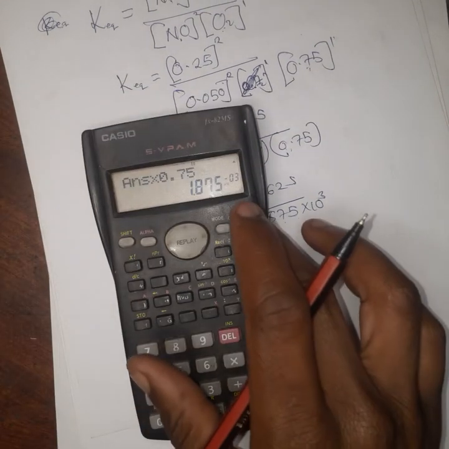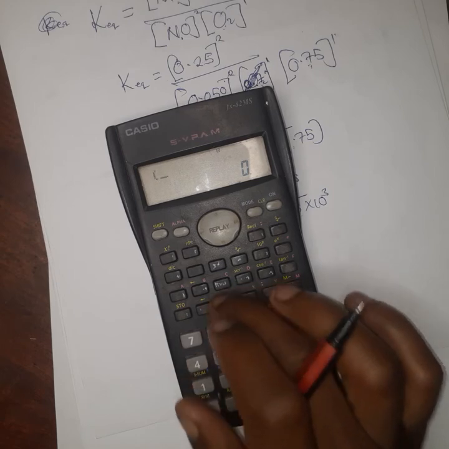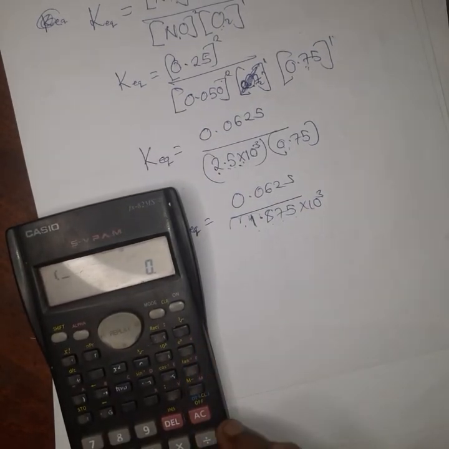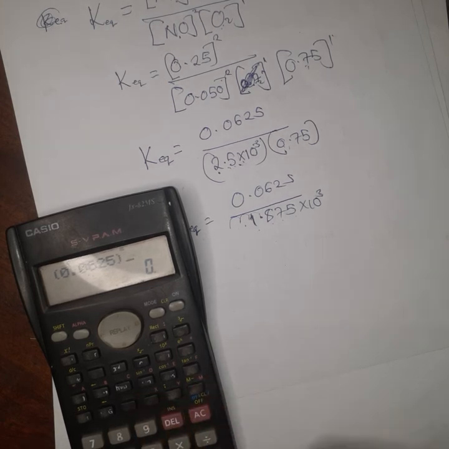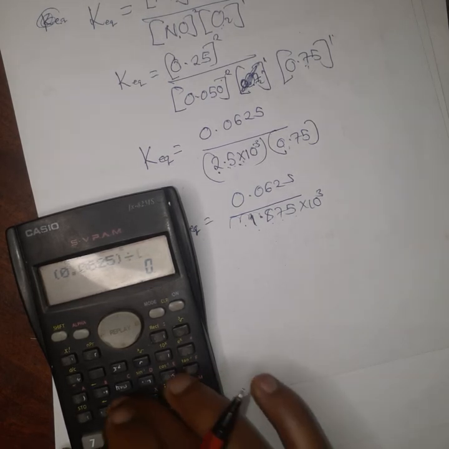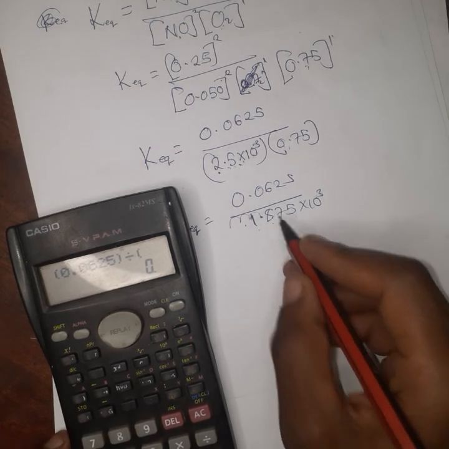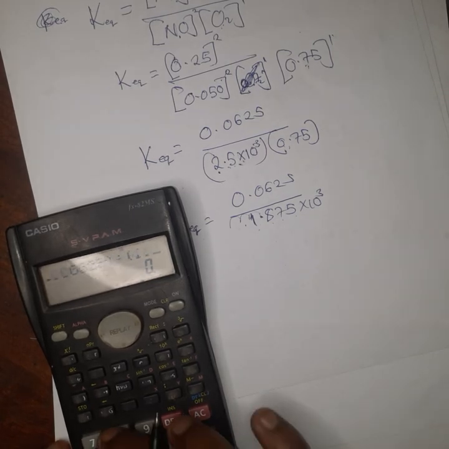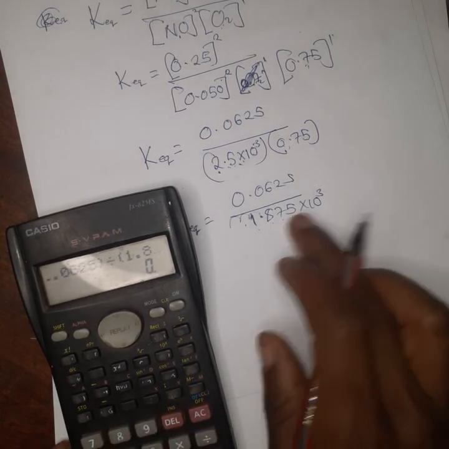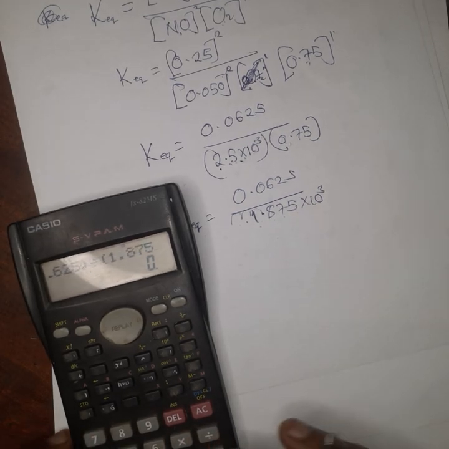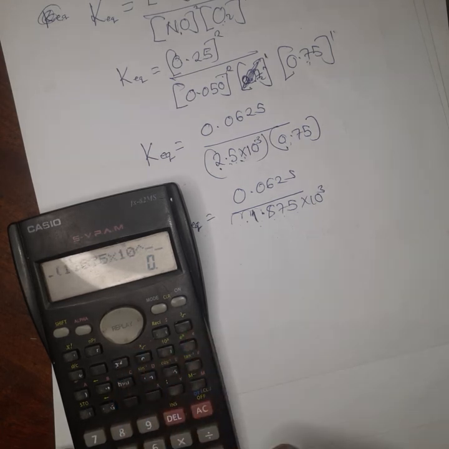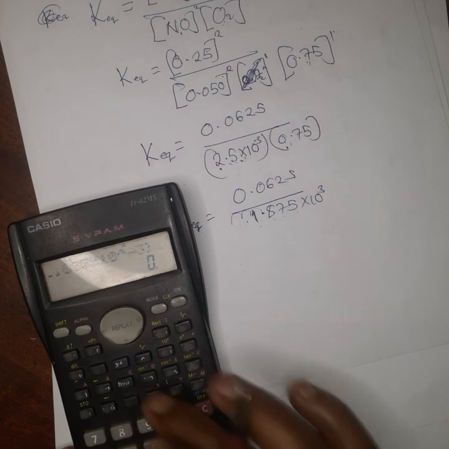So you say open the brackets, then you write 0.0625, close the bracket, divide by, open the bracket, we have 1.875 times 10 to the power -3. Then close the brackets.